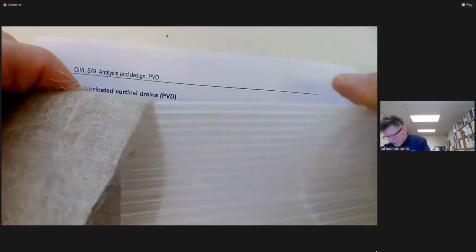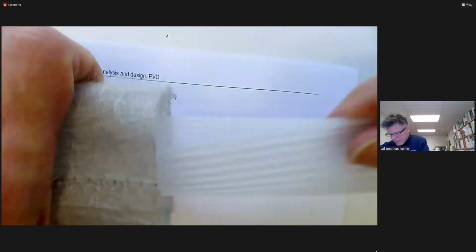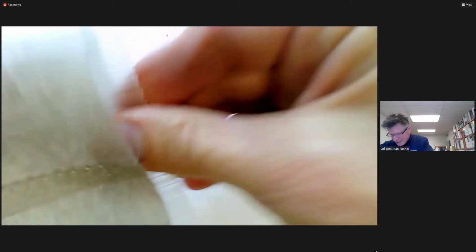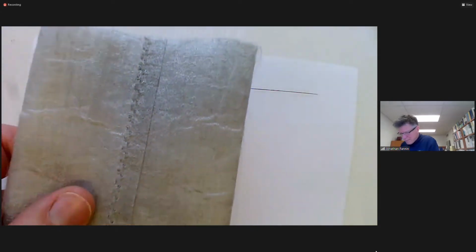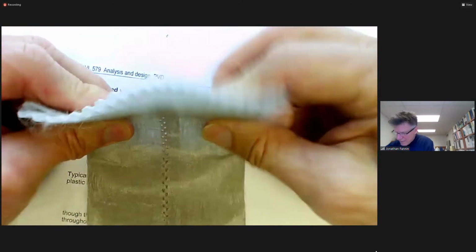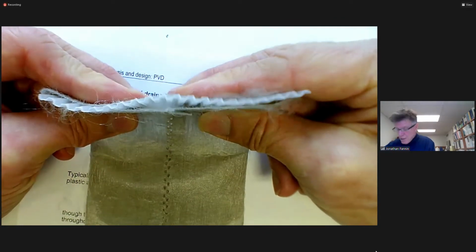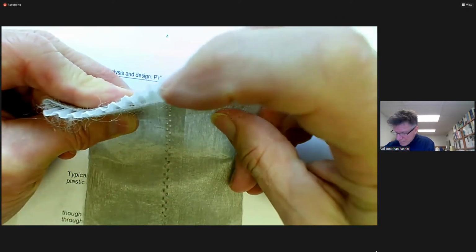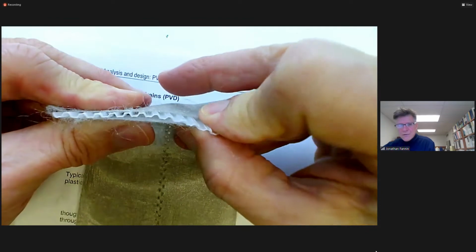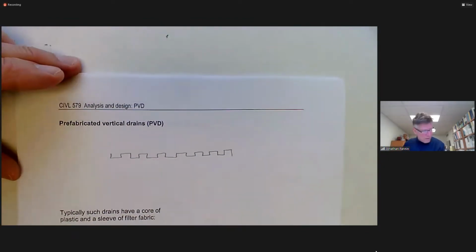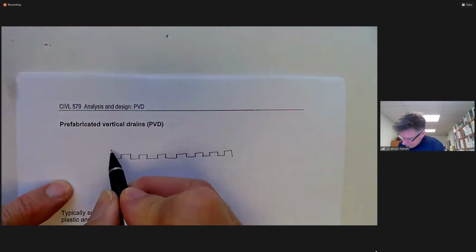All the fibers inside tend to impede the core going into it. Let's see if I can get that all together, and there we have it. There is the drain, arguably the porous medium of the central core, and it's wrapped in the filter. So let's put a filter around the outside.